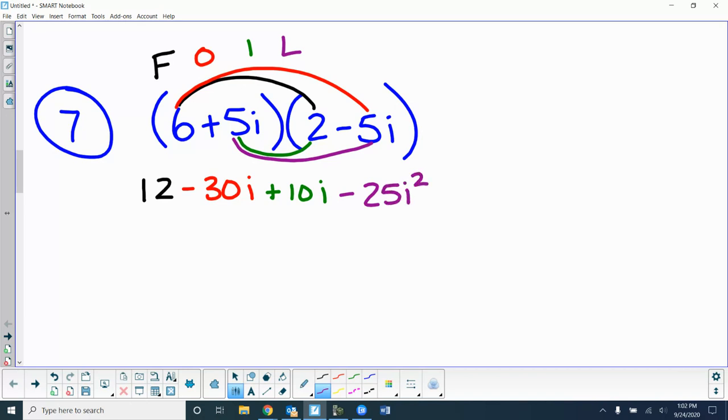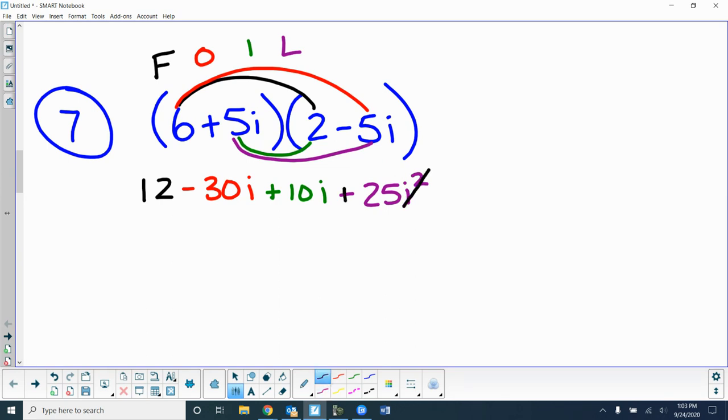25i squared. Remember, i times i is i squared. When we get in a hurry, we forget to make that an i squared. Now we try to put all 3 of those together because they all are like terms if you don't make it an i squared. So remember, this is like negative 25 times negative 1 because i squared equals negative 1.